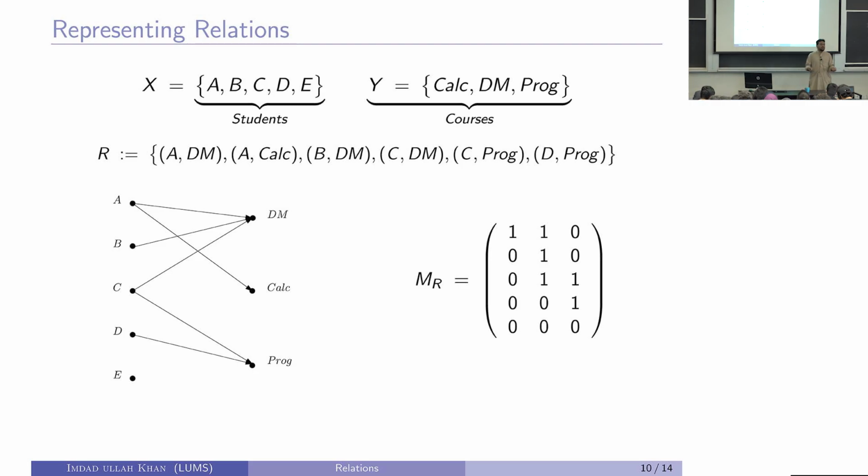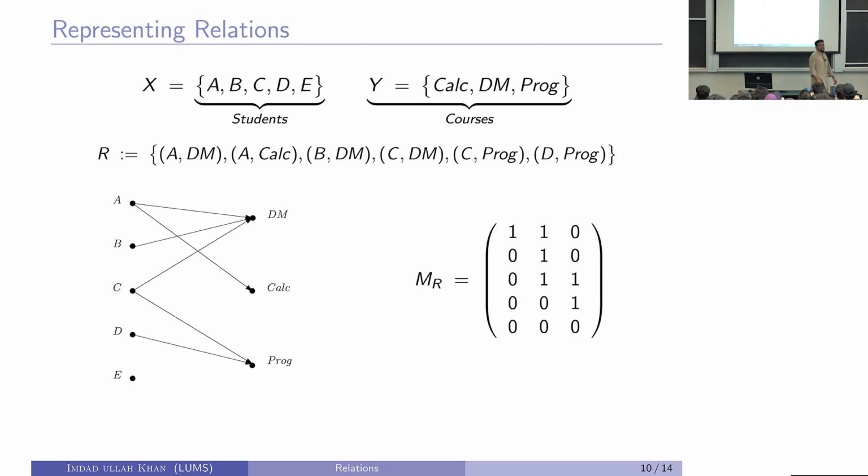How many ones will be there in such a matrix? If a matrix represents a relation R, what will be the dimension of the matrix? How many rows will be there? The cardinality of the first set, if that's your convention. How many columns will be there? The cardinality of the second domain, right?